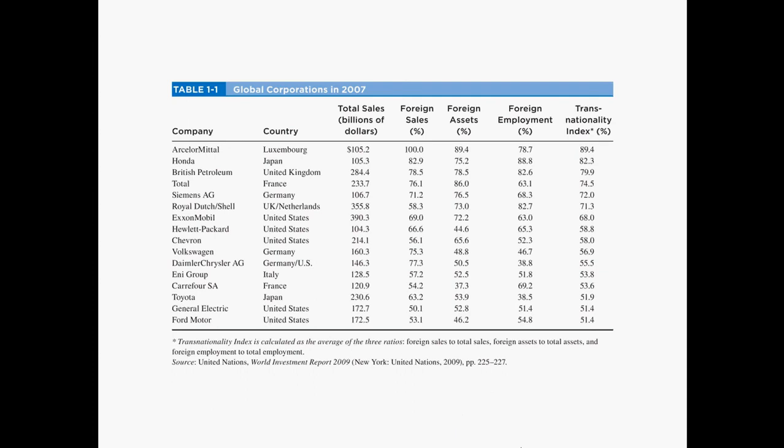So Ford Motor Company, for example, over 50% of its sales abroad. Honda, 82.9% of its sales abroad. Some of these are oil companies. Hewlett-Packard, 66.6% of its sales abroad, so the technology company there. Siemens, kind of engineering and heavy equipment, I think is their specialty.